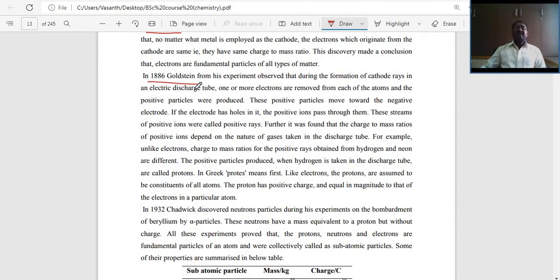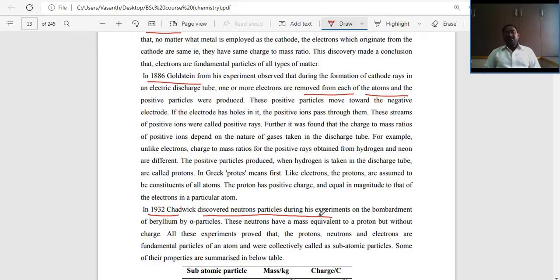In 1886, Goldstein, from his experiment, observed that during the formation of cathode rays in an electric discharge tube, one or more electrons are removed from one of the atoms and positive particles were produced. In 1932, Chadwick discovered neutron particles during his experiment on bombardment of beryllium by alpha particles.